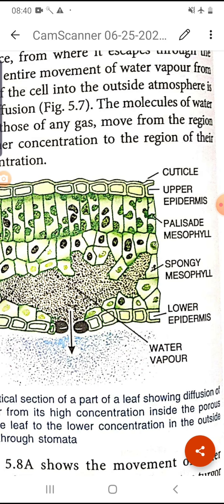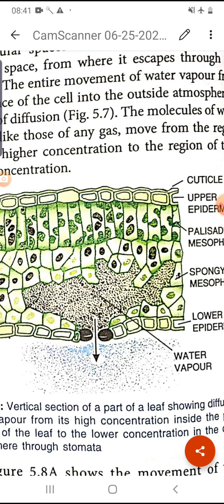As you can see, the outer surface of these spongy mesophyll cells is exposed in this gap. So this gap is the intercellular space. From each of these spongy mesophyll cells exposed in the intercellular space, a very thin water film comes out, saturates the air and forms water vapor.